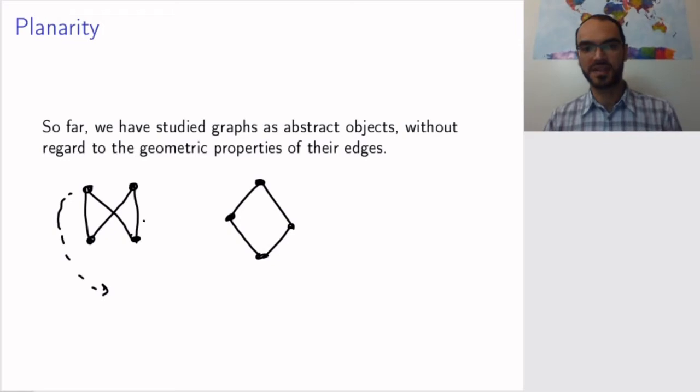And these are, of course, the same graph, but now we will take a look at the geometric properties of graphs. Why is that? Well, that tells us a bit more about the graphs. It shows us some beautiful results in mathematics, and it has applications in many areas, and also it gives us a way to link together graph theory and geometry.